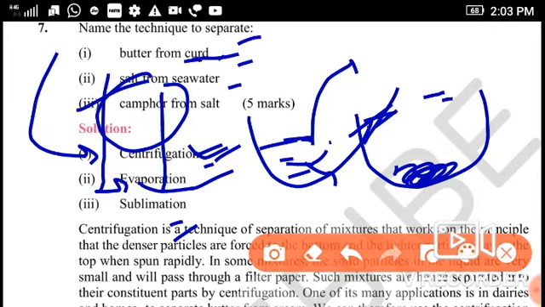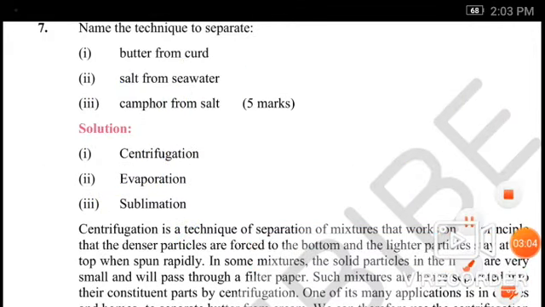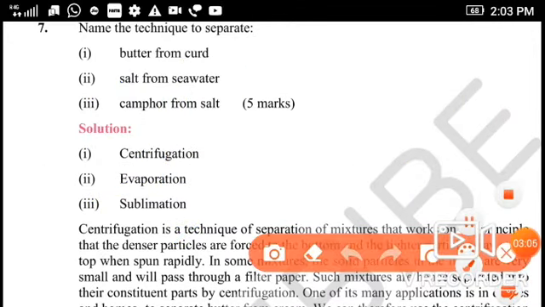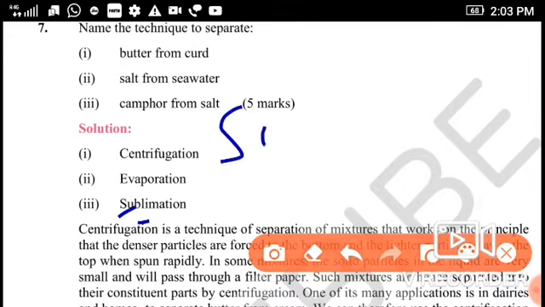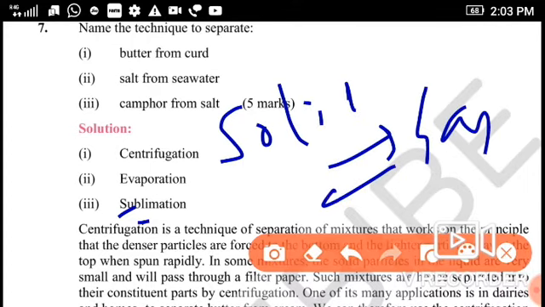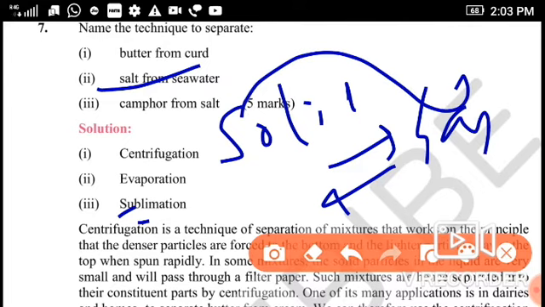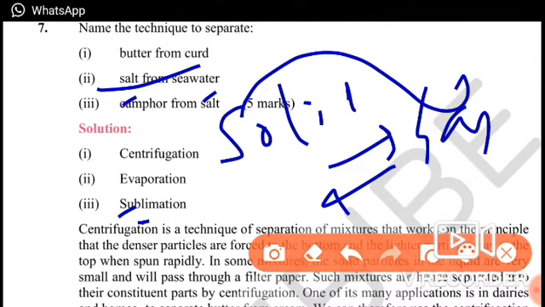A sublimating substance means a substance which can directly convert from solid into gas, or gas into solid. So camphor directly converts from solid into gas state, and then we can separate camphor from salt.